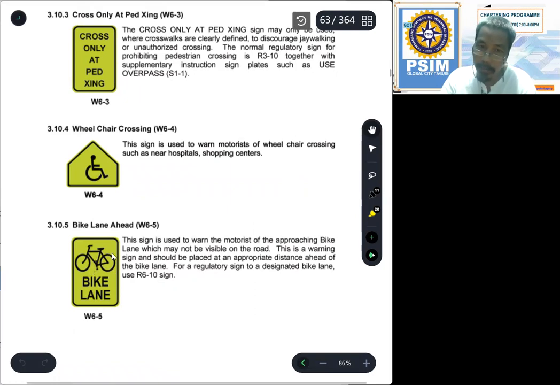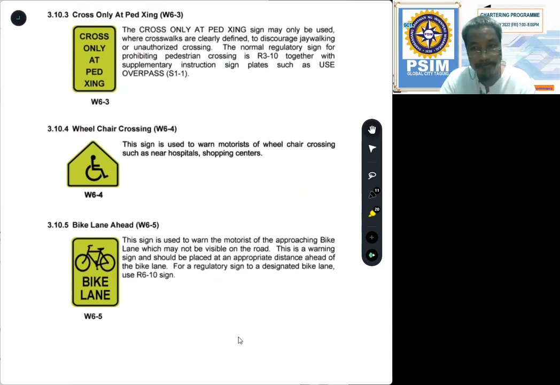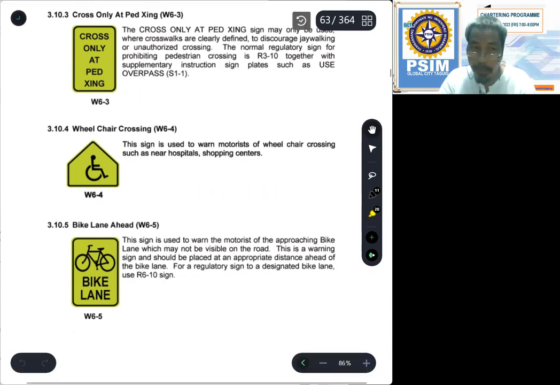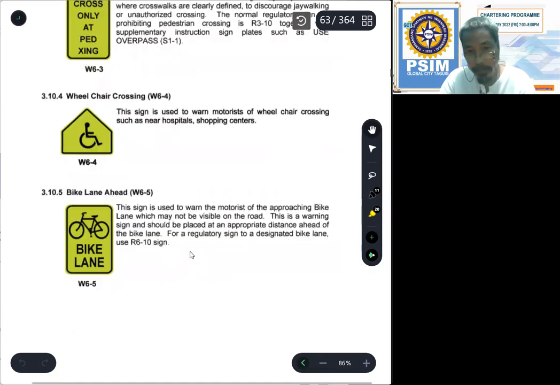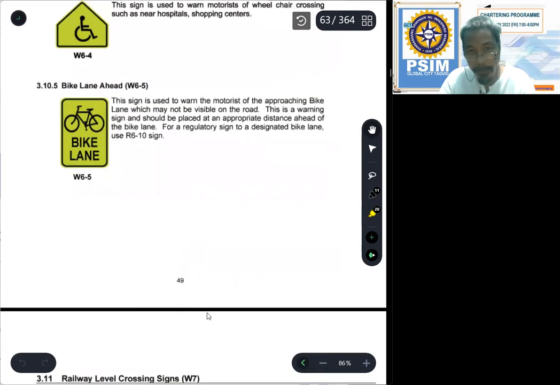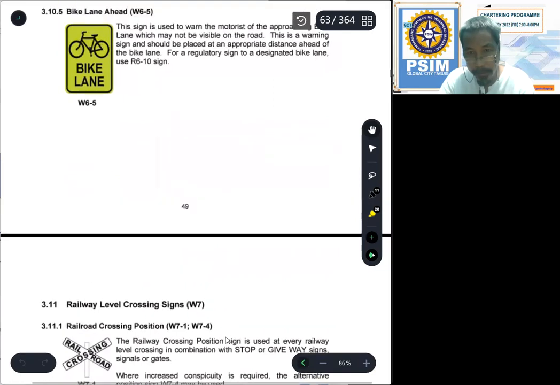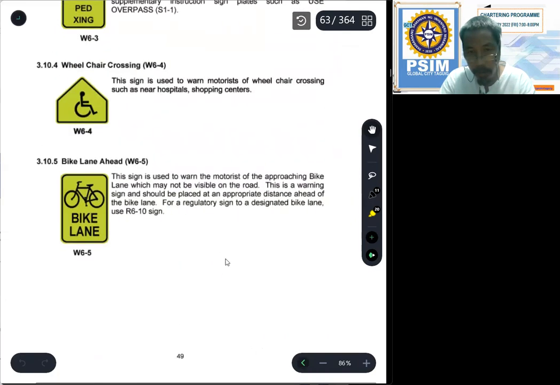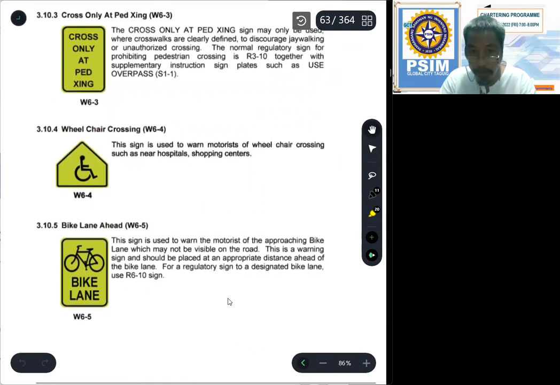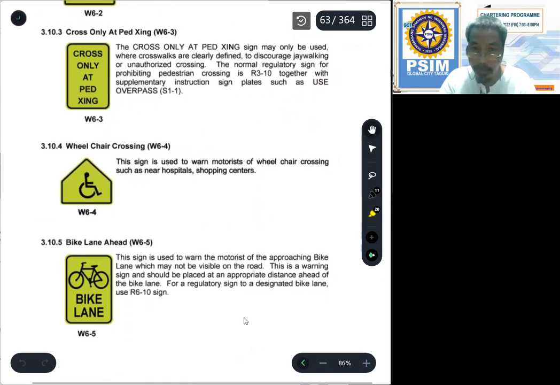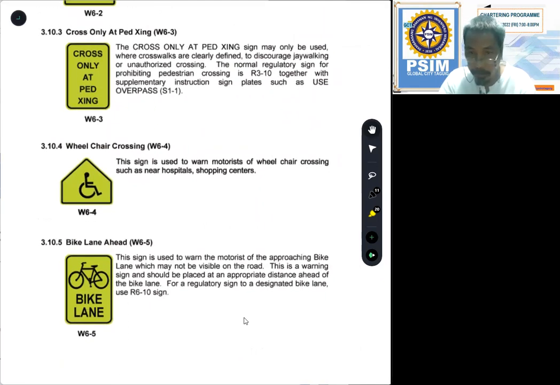We now use this very normally in our country. So, those are the types of warning signs under this W6 classification.